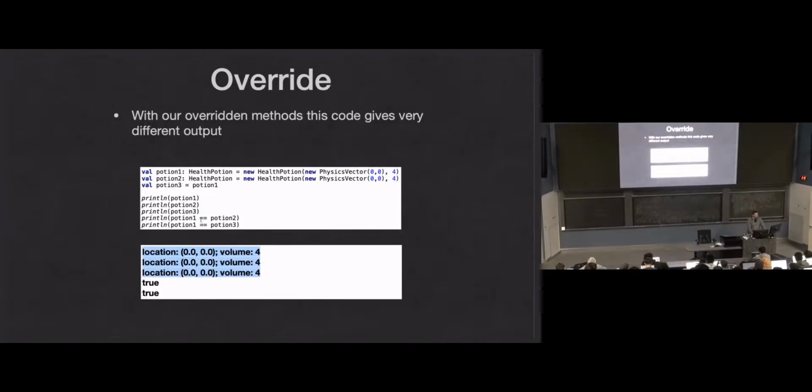And when we compare with equals, that's calling the equals method, and it's going to compare by volume. So do potion 1 and potion 2 have the same volume? Yep, true. Do potion 1 and potion 3 have the same volume? Well, they refer to the same exact potion, so I sure hope so. Unless something went really wrong, they're definitely going to have the same volume.